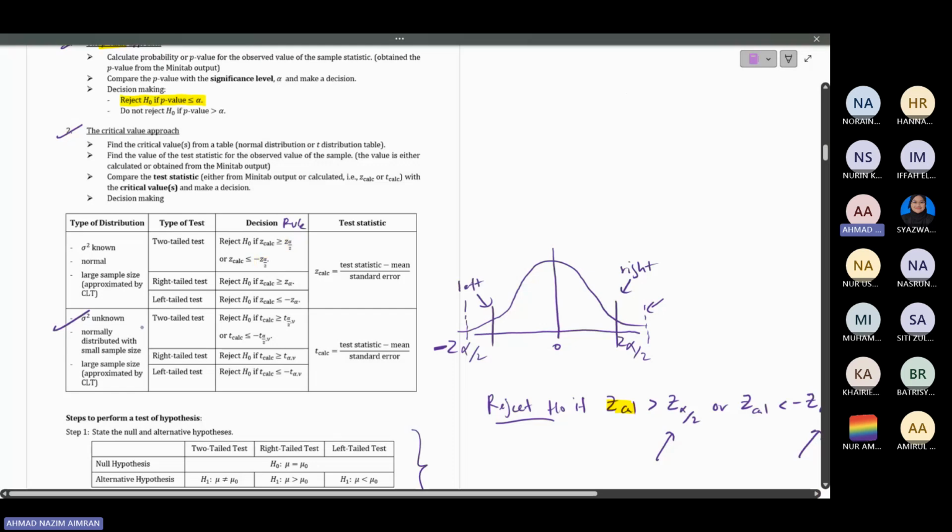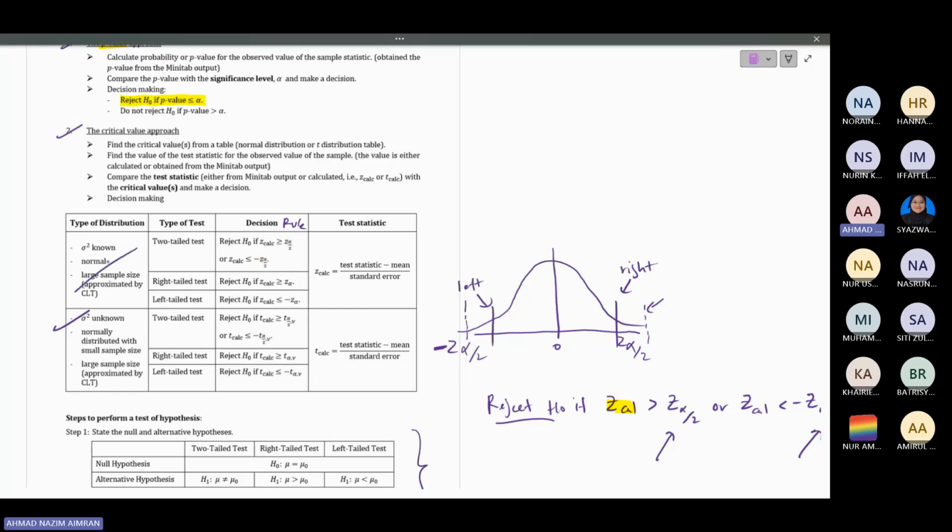So the type of distribution is this one. Do not use the upper one. And now we are conducting a right tail test. Why? Because the symbol used in the alternative hypothesis is greater than. That is why it is a right tail test.